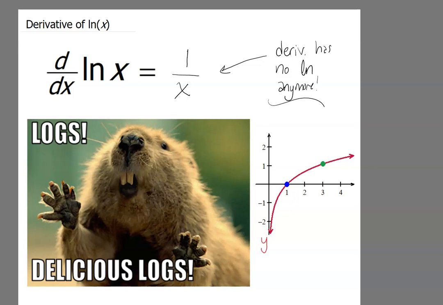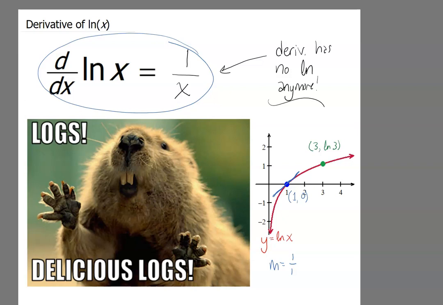So our graph, y equals natural log of x, you can see that (1, 0) that we talked about a moment ago. I also have chosen, just to demonstrate something, the point 3, whatever natural log of 3 is. It's a little bit more than 1, but who really cares? So what this statement tells me is that at x equals 1, my slope is going to be 1 over 1. So at (1, 0), that slope is exactly 1.